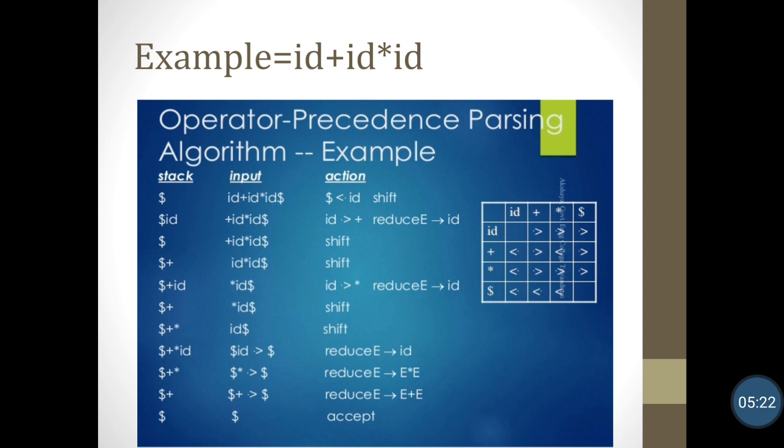After that we have star. When we want to add star in the stack, ID has high precedence, so we remove ID and add star in the stack. Whenever we pop some element from the stack, we perform a reduction.